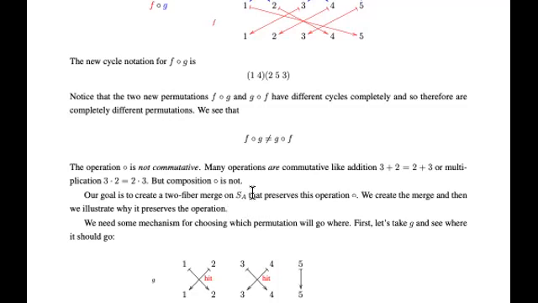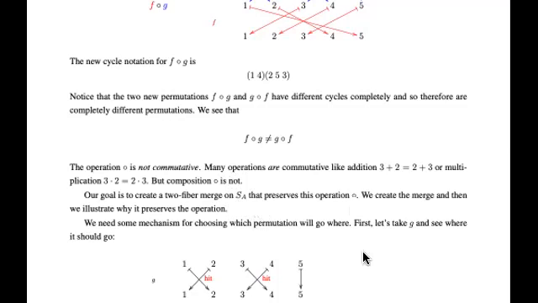All right. In order to study the permutations on the set a little better, we're going to categorize them into chunks, which will come from fibers that happen from a merge. And this merge is going to preserve composition.